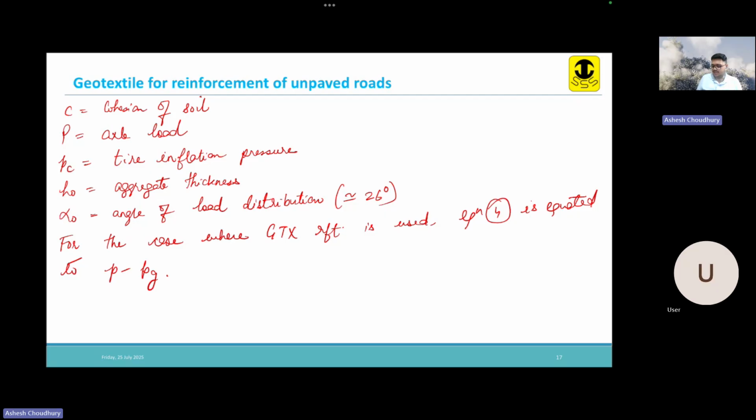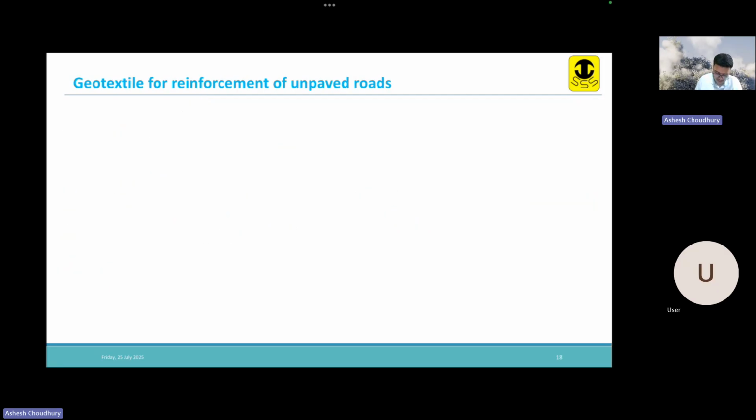For the case where geotextile reinforcement is used, equation 4 is equated to P minus PG. P minus PG therefore is equal to P plus H. Okay. Now what is PG?